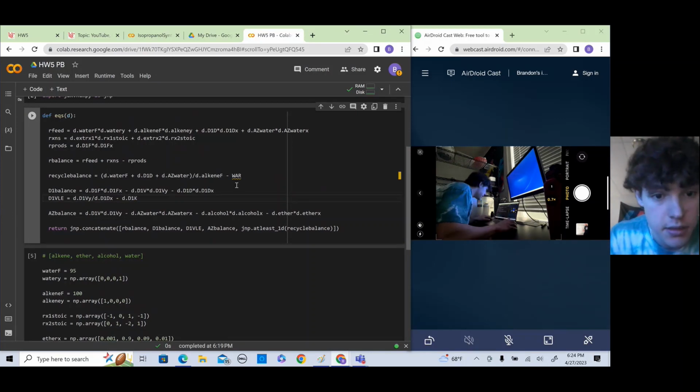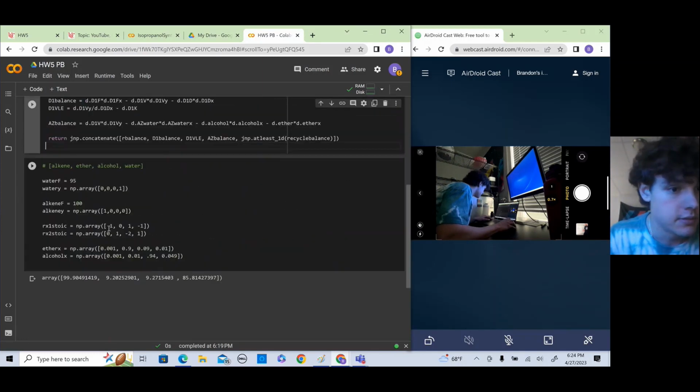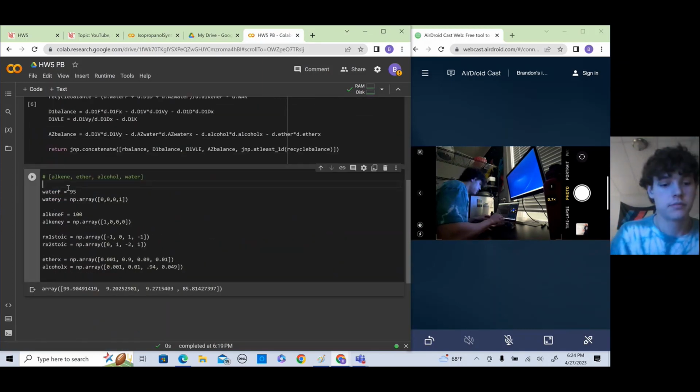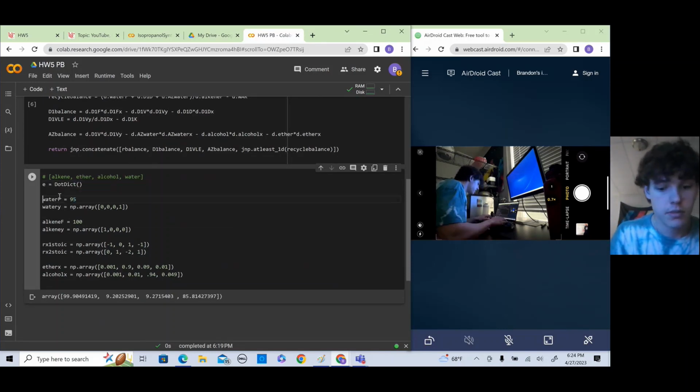These need D dots in front of them. D dot, D dot. Okay. So now our E equals dot dict. And we'll just throw some E's in front of these ones we've already had, which will be the same for this problem as well.